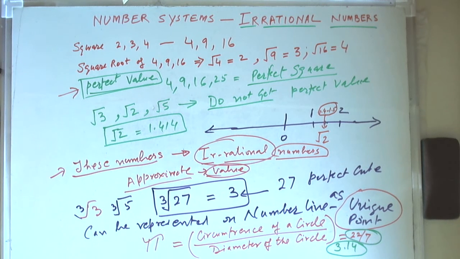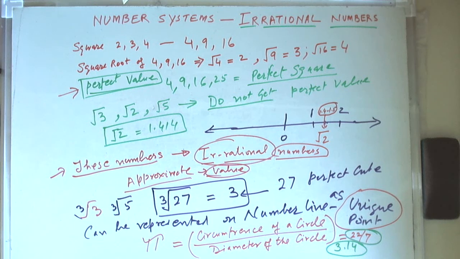So summarizing what we have learnt: irrational numbers are numbers like square root of 2, square root of 3, square root of 5, and they cannot be represented by a perfect value. Only an approximate value can be written. For example, for under root 2 it is 1.414.